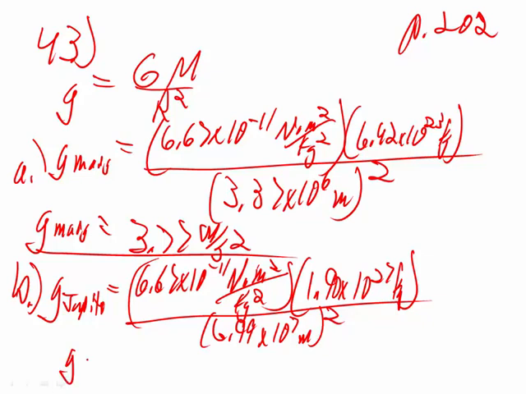And so the gravitational acceleration of Jupiter is equal to what? So we got 6.67 to the negative 11th times 1.9 to the 27th, and then divide that by 6.99 to the 7th squared. And what do we get? We get 25.94 meters per second squared.